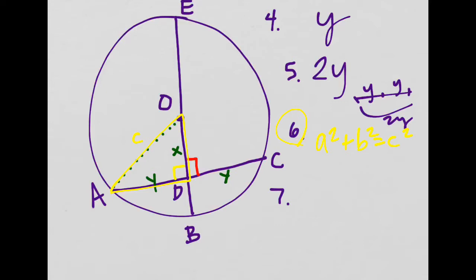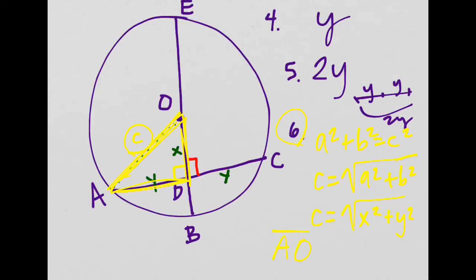So if we rewrite this using algebra, and we have this in our interactive notebook, I did all of the math in a sense for you, you can find c to be the square root of a squared plus b squared. And we're looking for c, and we know that this a and this b are my legs, and they happen to be x and y, and I don't know any more than that, but I can put it in as x squared plus y squared, and that will give me my radius, or the length of AO. Is that what they're asking for?